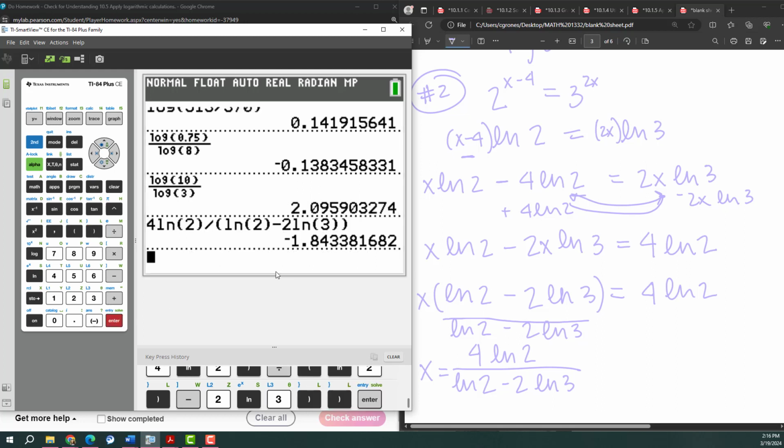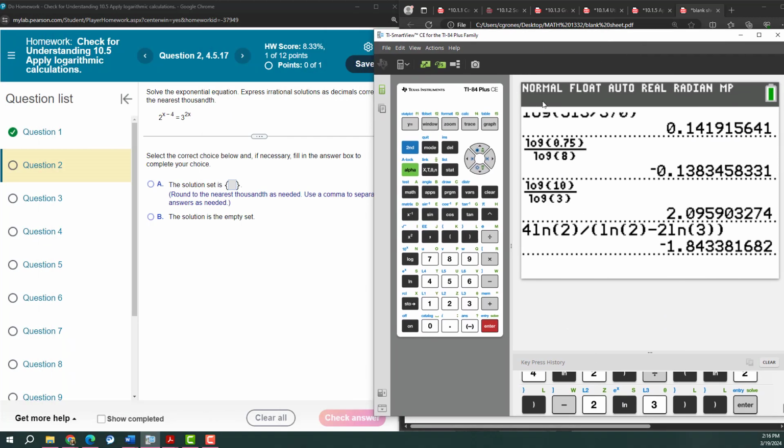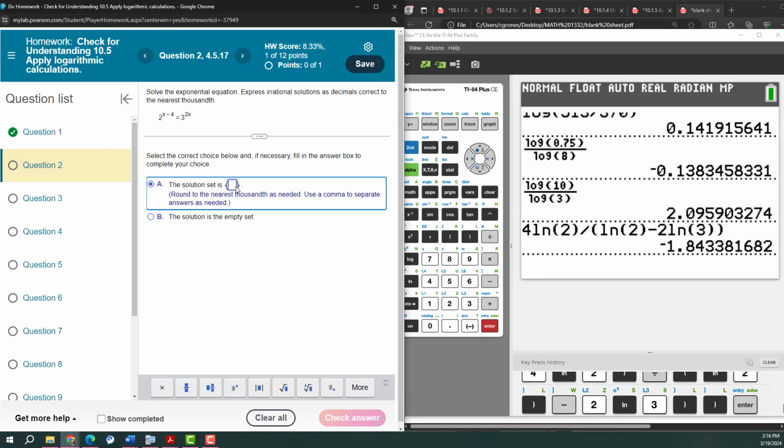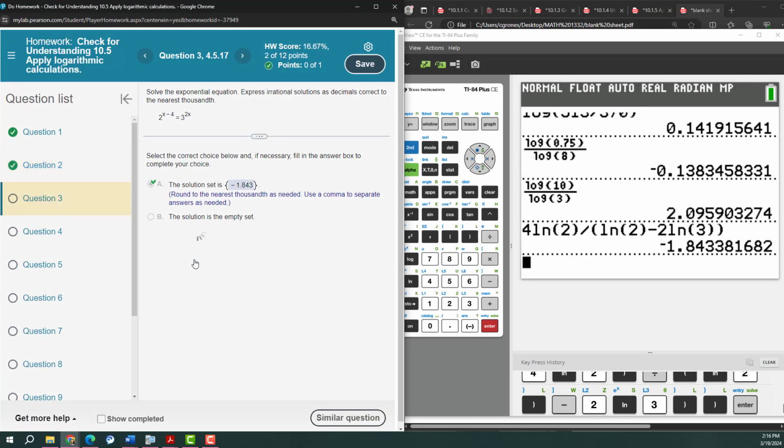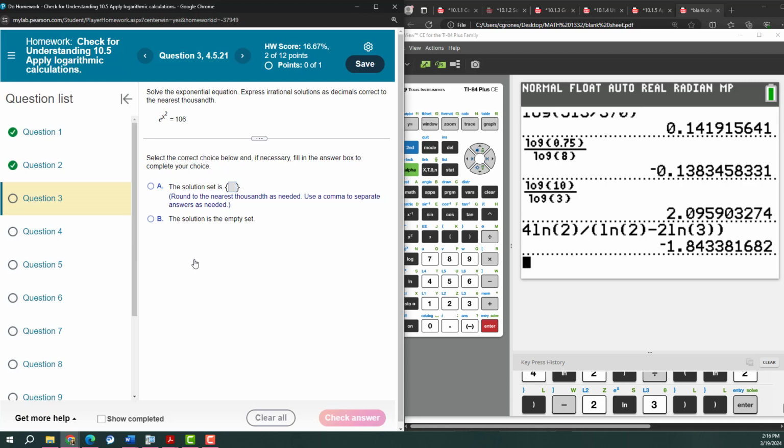And I get negative 1.84338. So to the nearest thousandth, so 10th, 100th, 1000th. So negative 1.843. Woohoo. All right, that was number 2.